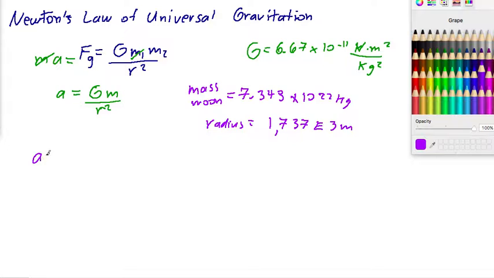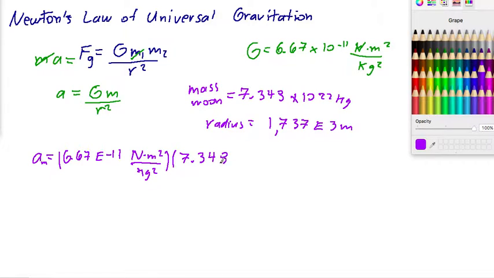Alright, so knowing this information, let's plug this in and find the acceleration, and then we can compare it. The acceleration on the moon is 6.67 times 10 to the negative 11 newtons times meter squared over kilogram squared, right? Now multiply times the mass, which we got from a Google search.